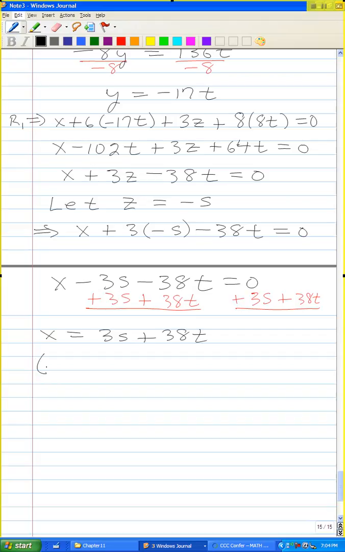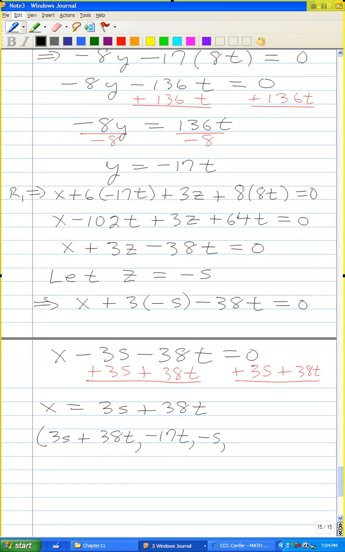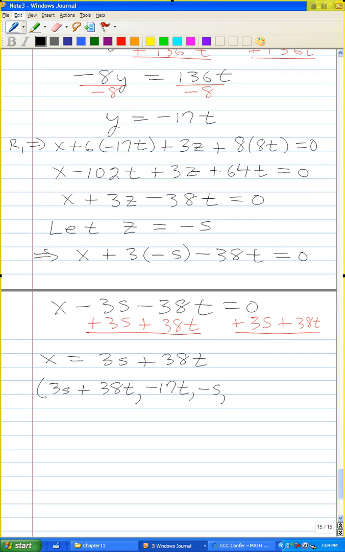Therefore, my solution is x equals negative 3s plus 38t, y is negative 17t, z is s, w is 8t.